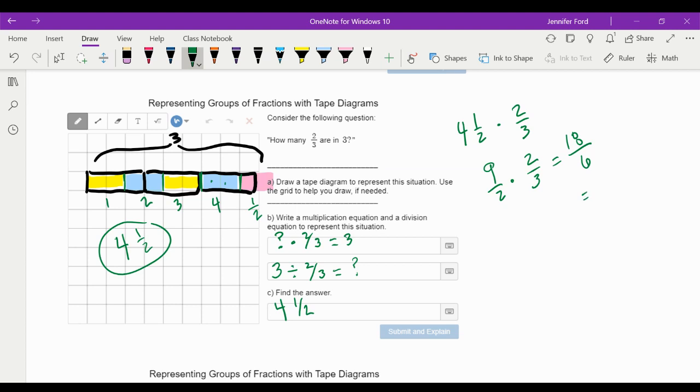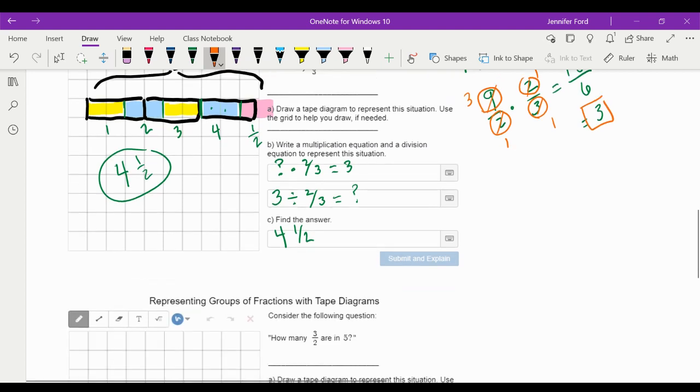And then I can reduce that to lowest terms, which would be 3. And remember, if you notice these things, 2 divided by 2, that's just going to be 1. And 9 divided by 3, that's going to be 3, which gives us the same answer. So this is how you could check it.